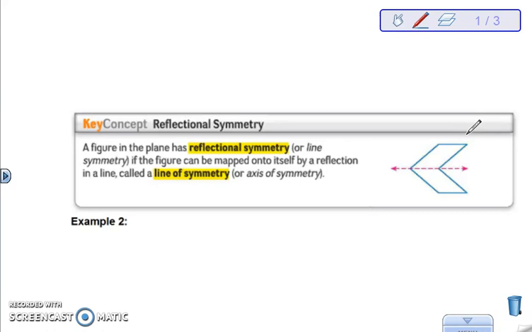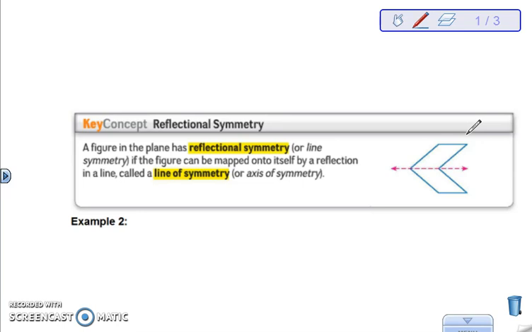So the final concept for today is symmetry. You may have seen symmetry before. Basically, this just means that you have a figure where you can draw a line through it and create two equal halves. When we fold one half across the line, it should line up exactly with the other half.